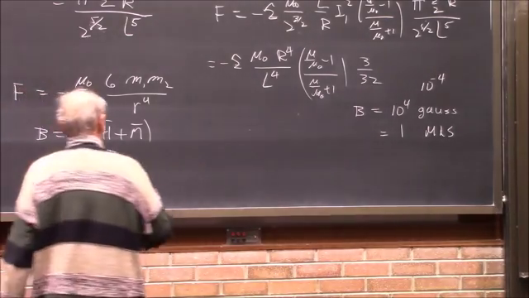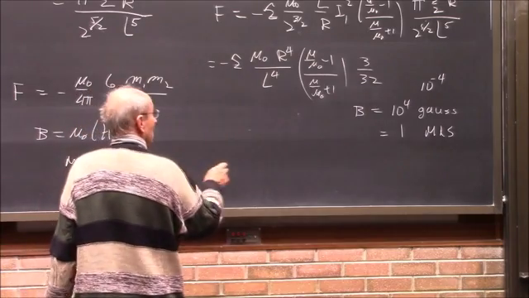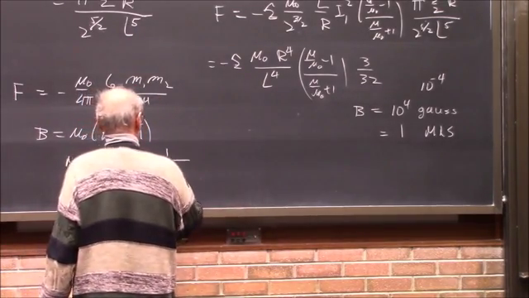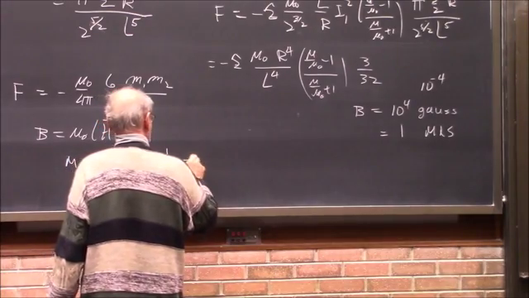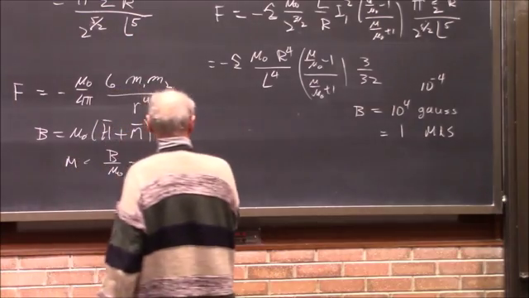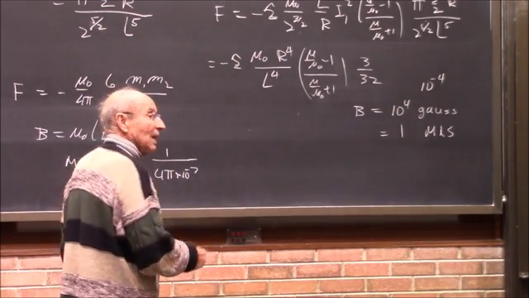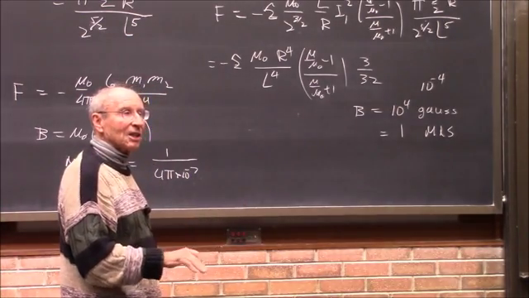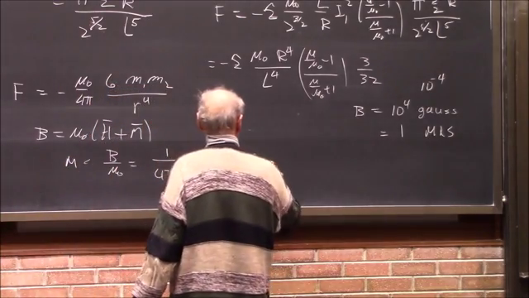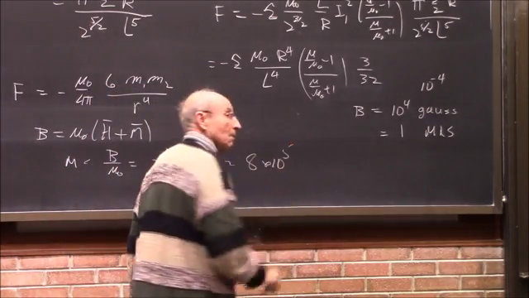And B is about 1. Mu 0 is 4 pi 10 to the minus 7. And so this is 10 to the 7 over 4 pi, and that's a little bit less than 10 to the 6th. So maybe something of the order of 8 times 10 to the 5th.